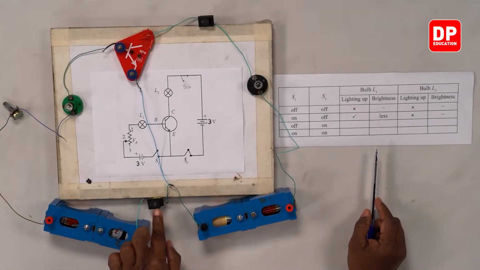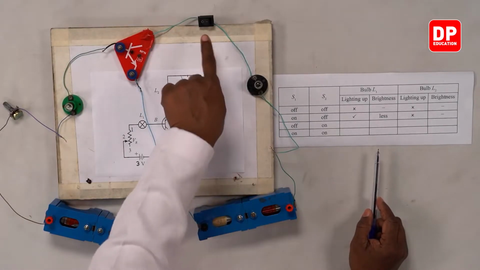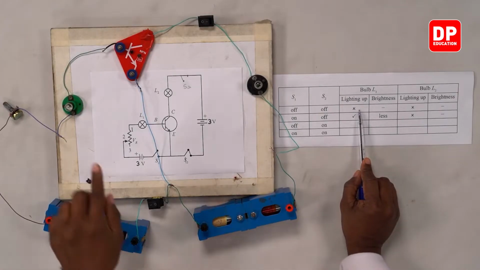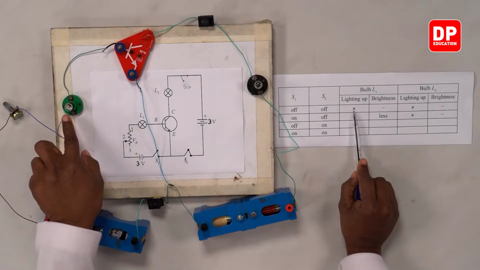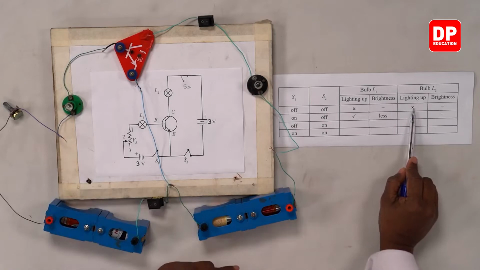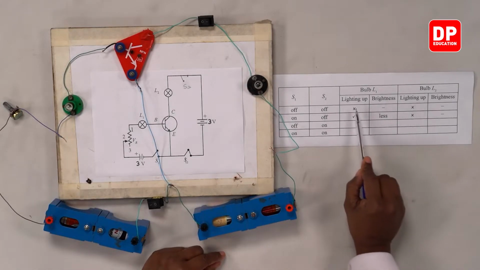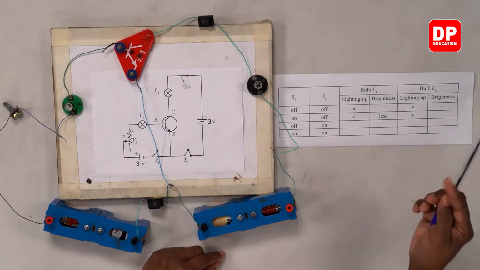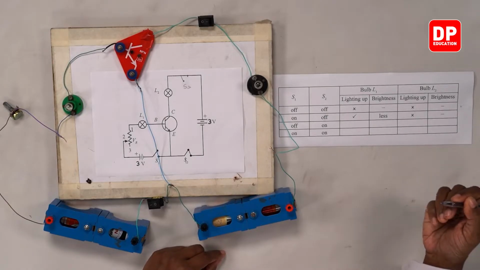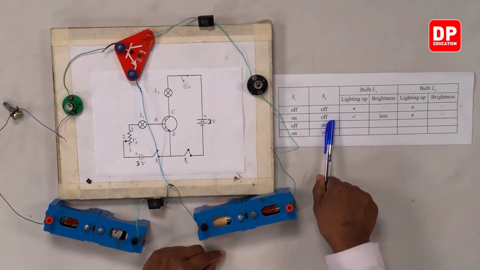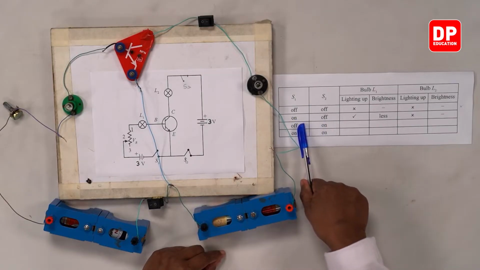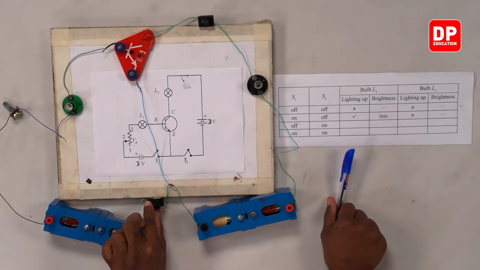So, the first situation: both the switches are off. Here you can see switch 1 is off, switch 2 is off. L1 does not light up, L2 also does not light up. So, that is the first stage. Then the second combination, we need to switch on S1.